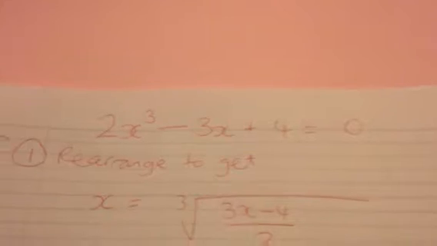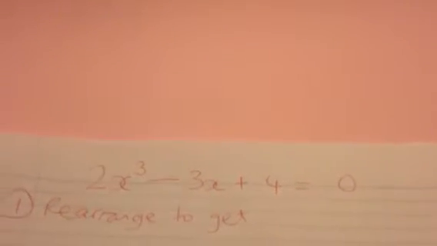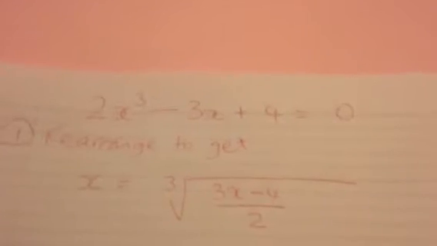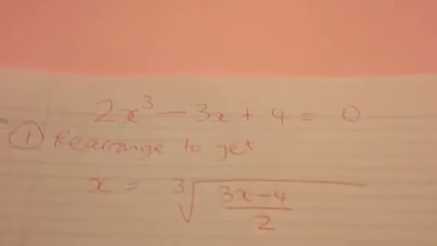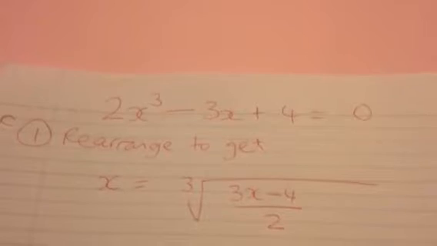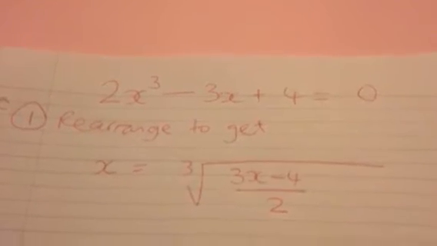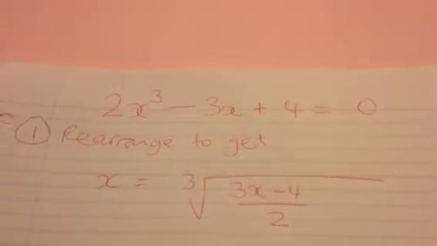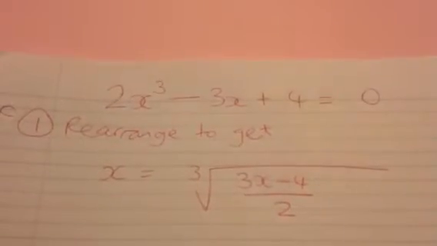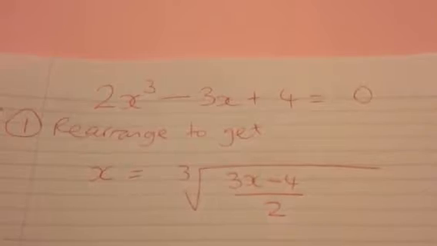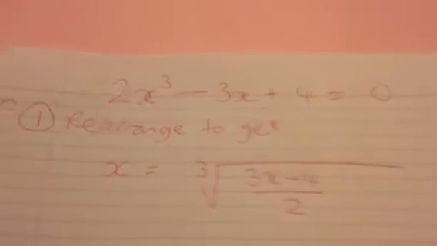Right, the first one that I'm going to do today is I'm going to rearrange 2x cubed minus 3x add 4 equals nothing to get x equals the cube root of 3x minus 4 over 2. Now, the trick to these is to look at the answer before you start, and then that will give you ideas of what to do. So, as I can see, I have got 3x minus 4 in the answer. So, the first step I would take is to get 3x minus 4 on the other side, like so.